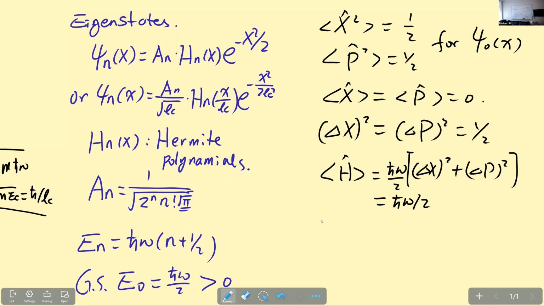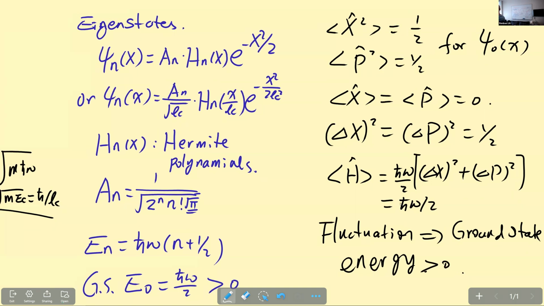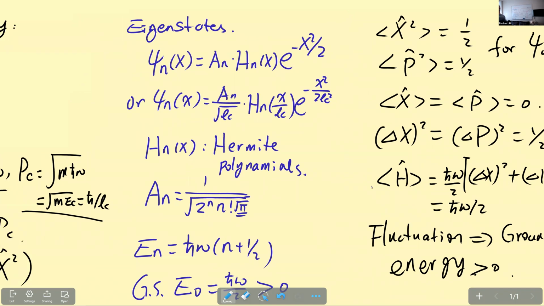So you can see that the fluctuation leads to the ground state energy, that's non-zero. This is very different from classical mechanics.